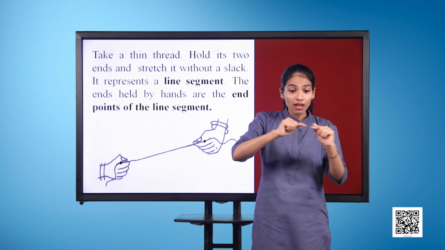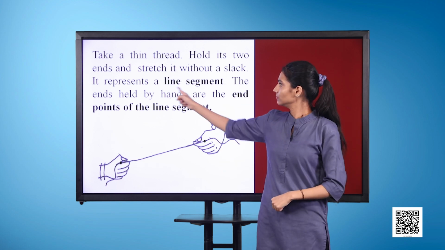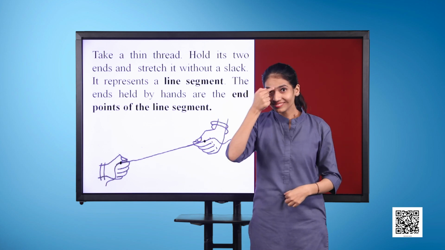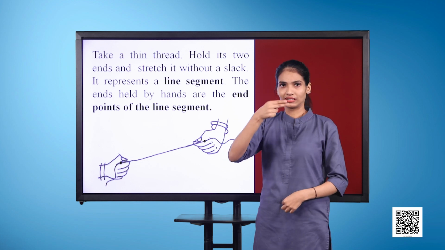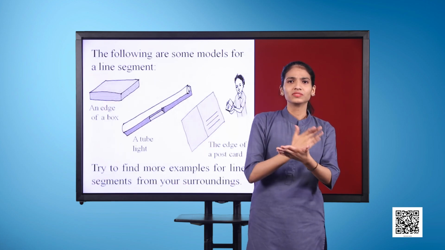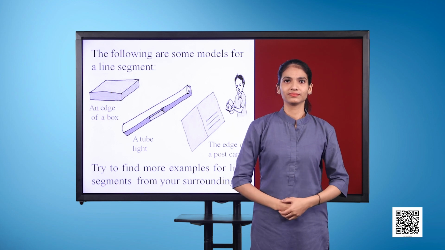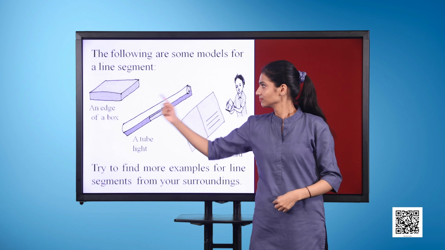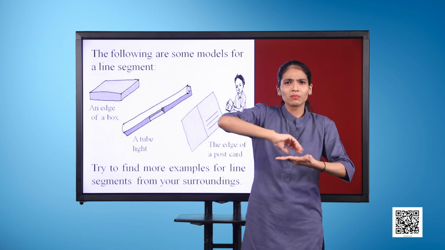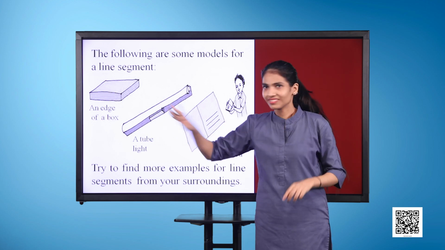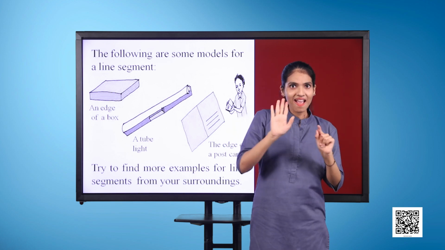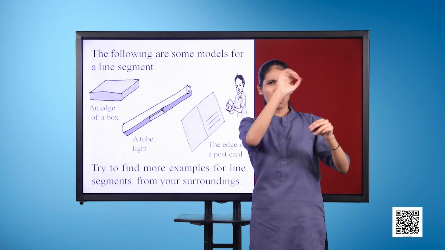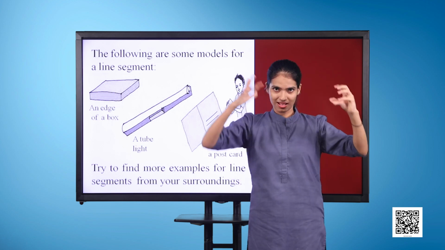It represents a line segment. The ends held by hands are the endpoints of the line segment. Page 71. The following are some models for a line segment: an edge of a box, a tube light, the edge of a postcard. Try to find more examples for line segments from your surroundings.